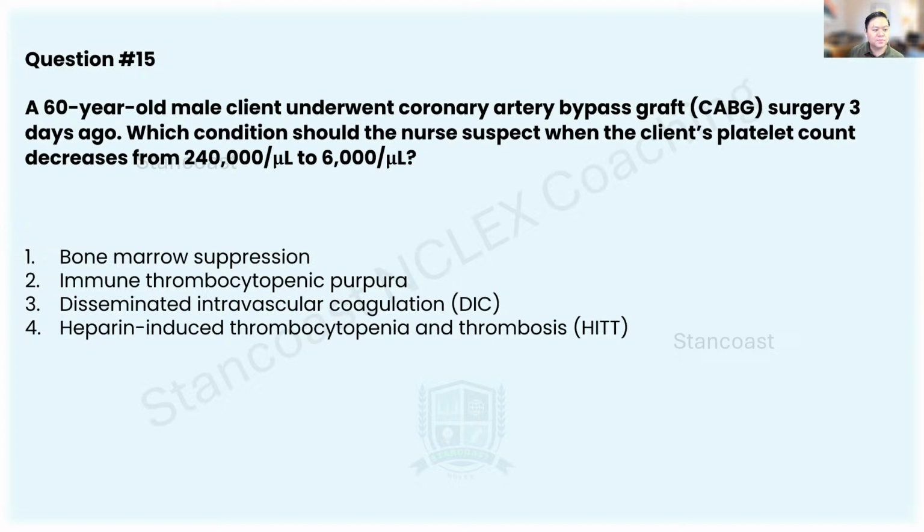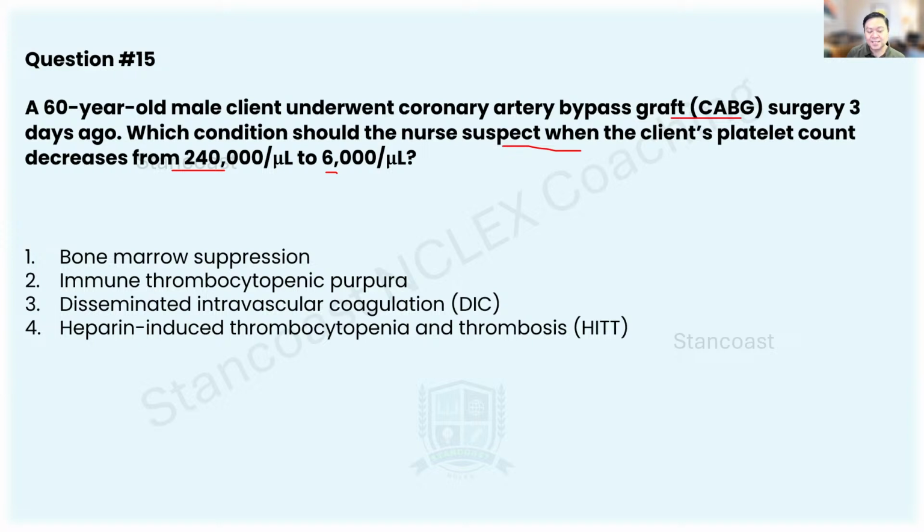So, our case here is on a patient that had CABG 3 days ago. Which condition should the nurse suspect when the client's platelet count decreased from 240,000 to 6,000 per microliter? This is a multiple choice, guys.